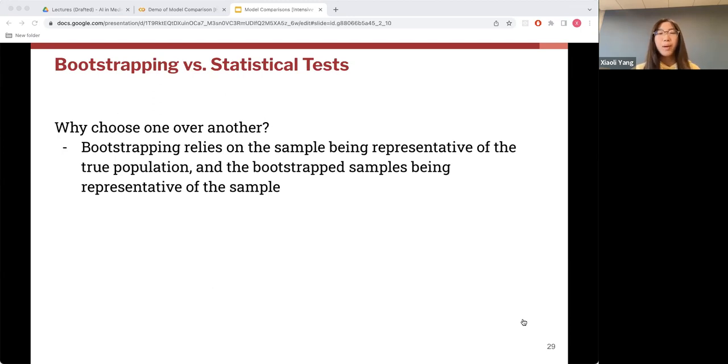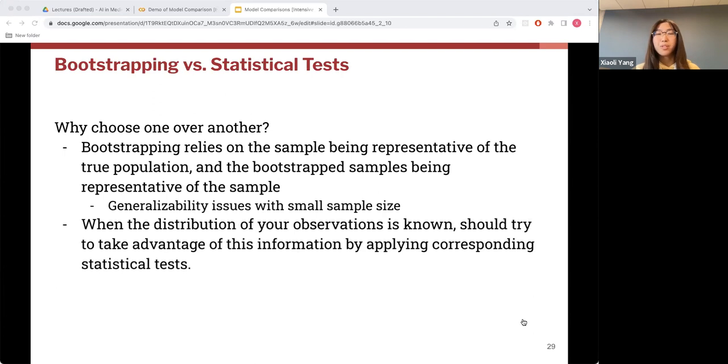It's hard, right? But if you do have variables that you know follow a specific distribution, like the normal distribution, you should always try to use the statistical test because you should take the distribution information for granted. It's provided to you, just use it, right? So bootstrapping is very flexible, but a statistical test, when given enough information, is rigorous.